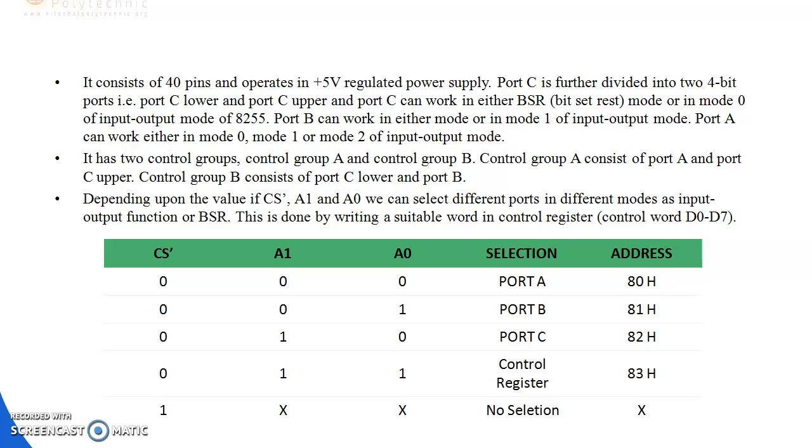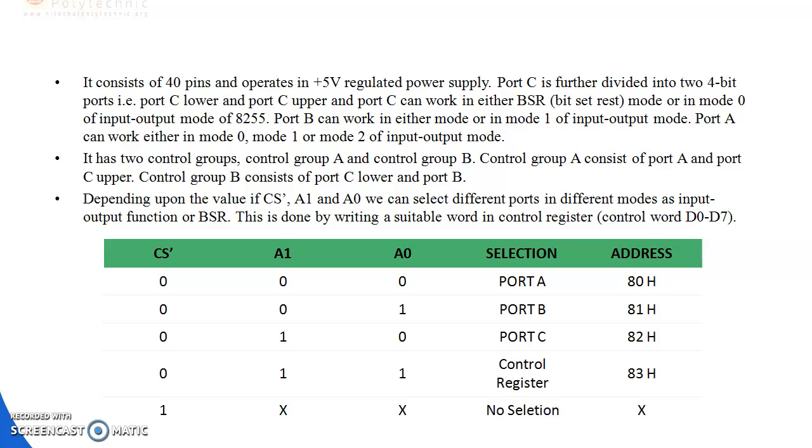Port B can work either in mode 0 or mode 1 of the input-output mode. Port A can work in mode 0, mode 1 or mode 2 of the input-output mode. So it has two control groups, control group A and control group B.